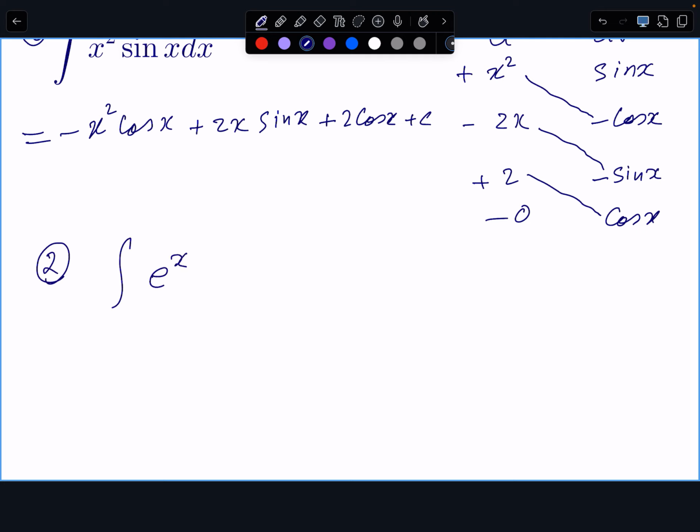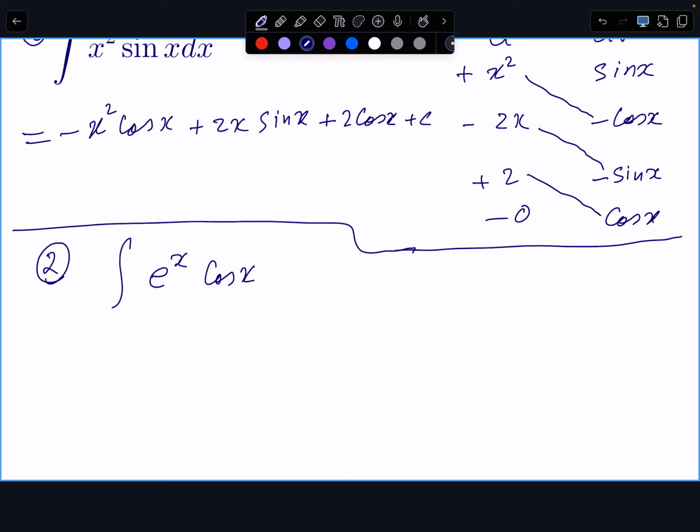Let's say e to the power x cosine x, or sine x. Which one? Cosine, yeah. Cosine x.